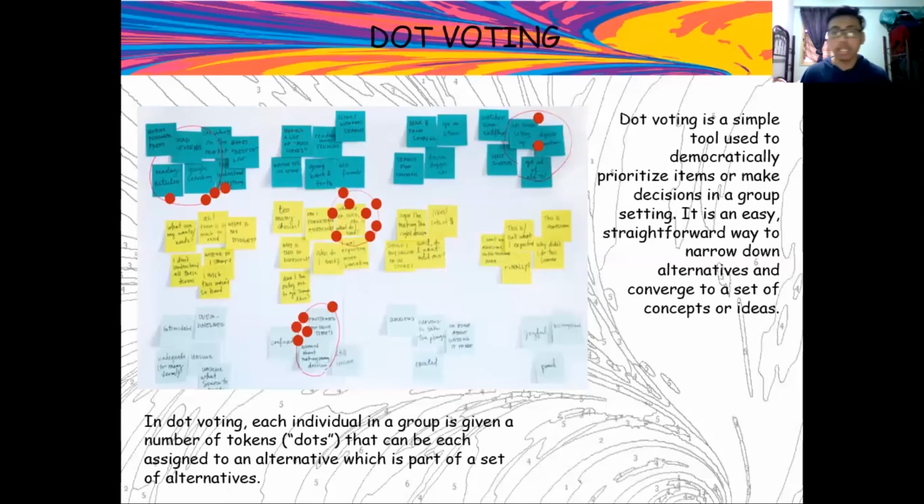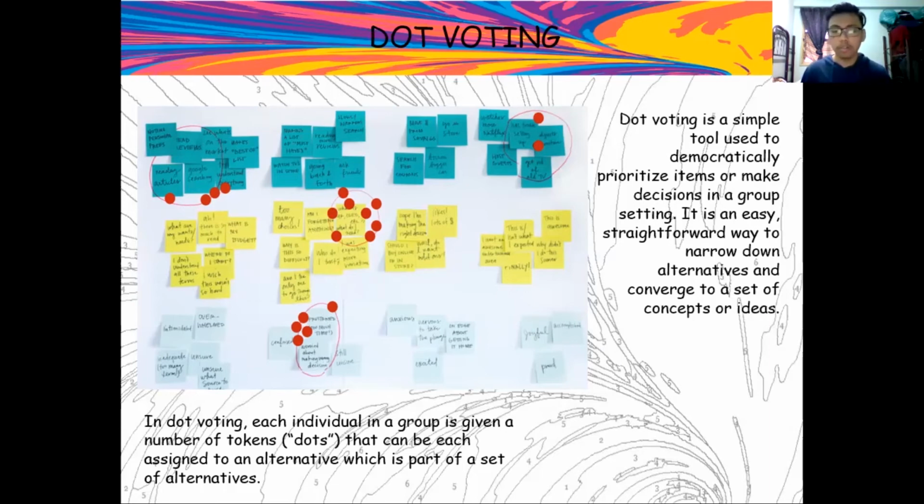Dot voting is a simple tool used to democratically prioritize items or make decisions in a group setting. It's an easy, straightforward way to narrow down alternatives and converge to a set of concepts or ideas.